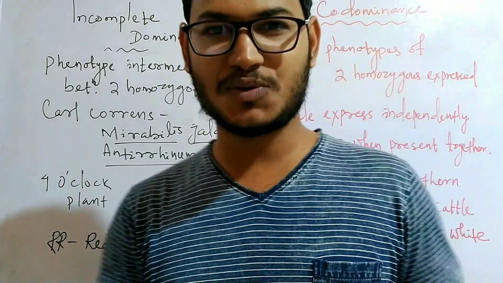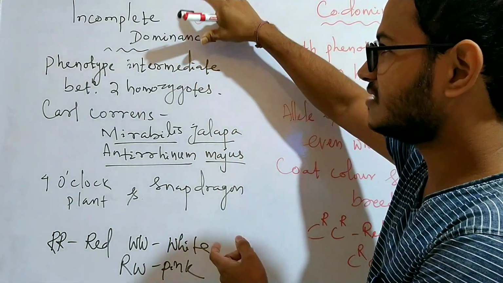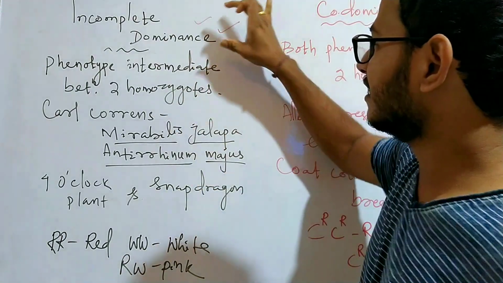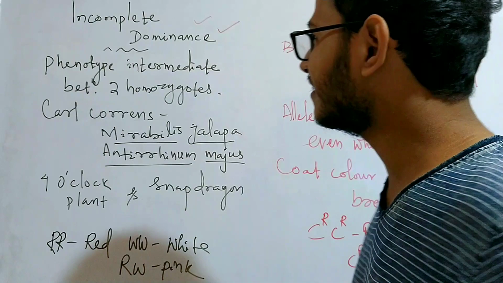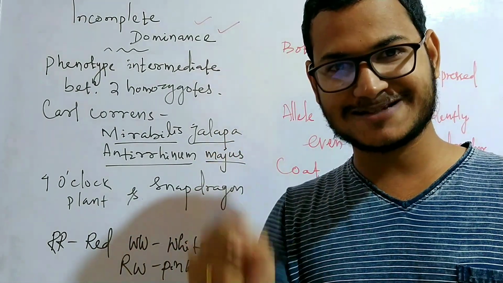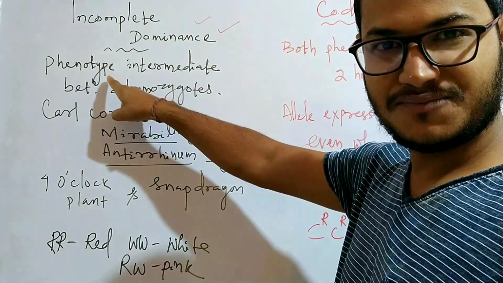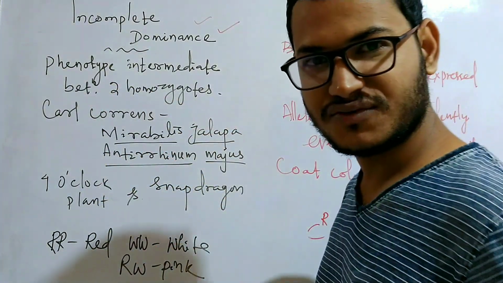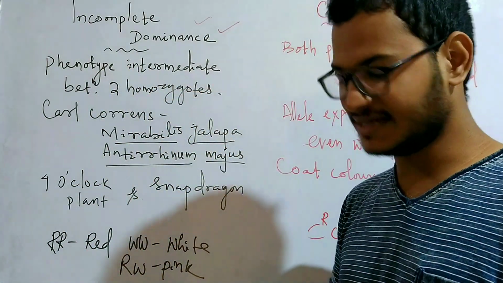So first let's focus on this part of the board. Here there is incomplete dominance. In case of incomplete dominance, what happens? The F1 generation, or the heterozygote formed as a result of crossing between two homozygous parents, shows a phenotype that is intermediate between the two homozygotes.